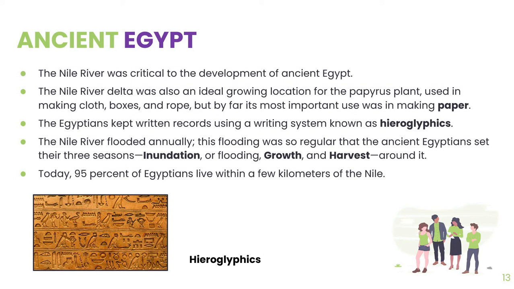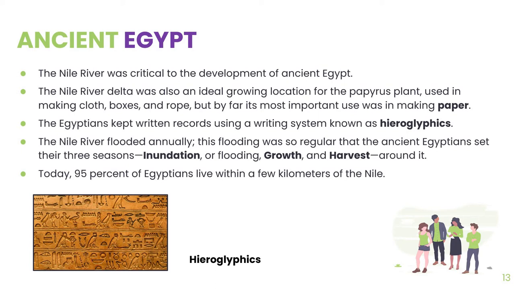Now, just like the Mesopotamians, the Egyptians also kept written records using a writing system known as hieroglyphics. You see, I have included here an image of a sample of hieroglyphics. Just like the cuneiform, it is also a pictograph.